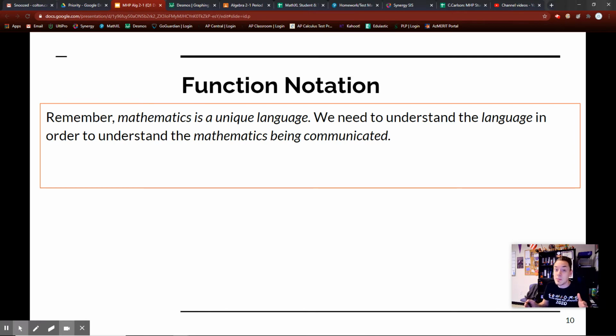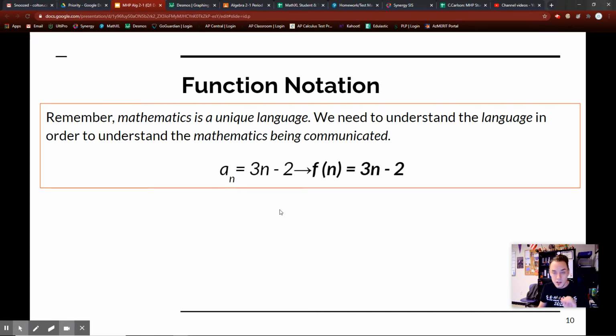The Aztecs had symbols for their language, but they communicated that way. Math is the same thing. It is a unique language through symbols, and we need to be able to interpret that symbol because it communicates to us an action. It says do this, and if we don't know what that means, then can we even do the math? No. So we need to be able to understand the language in order to understand the mathematics that's being communicated.